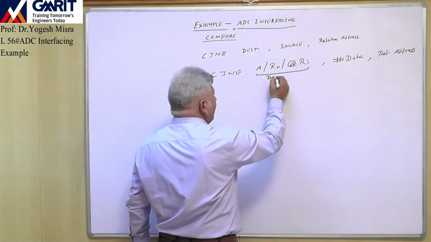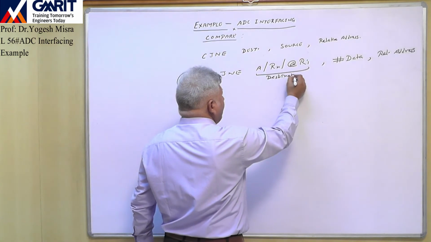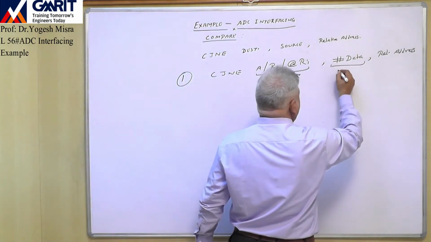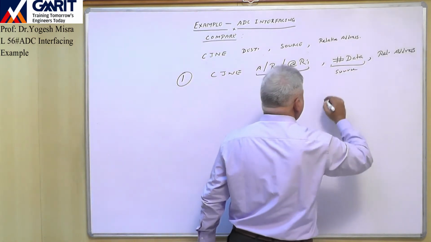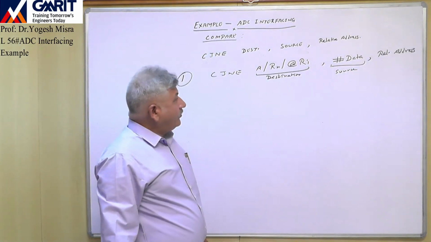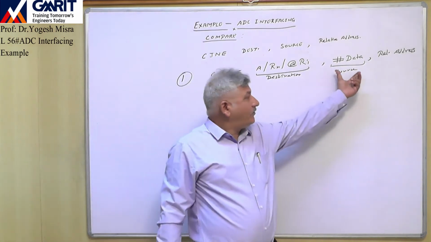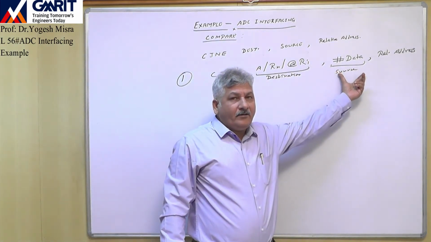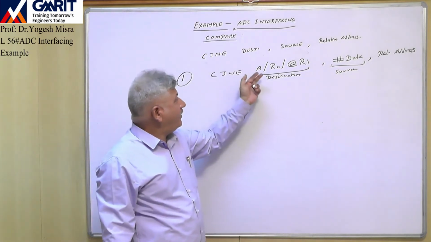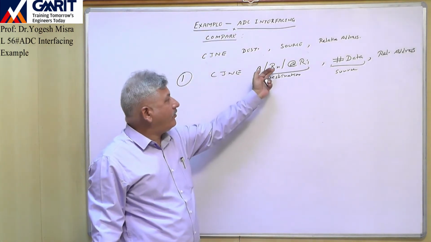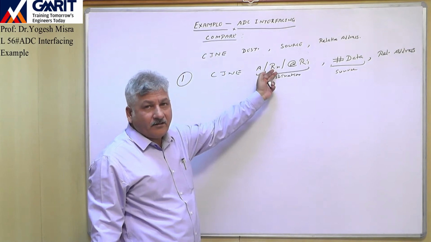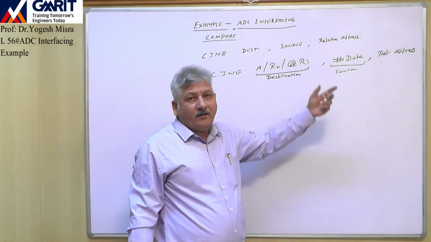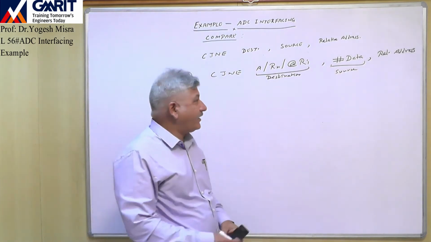This is our destination and this is our source. So here the source is immediate data. That data will be compared with either A or the value of a register, or we can use register indirect addressing also.